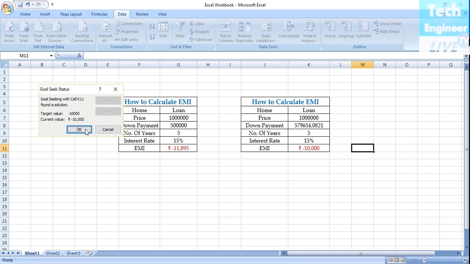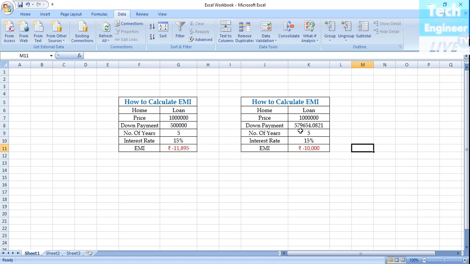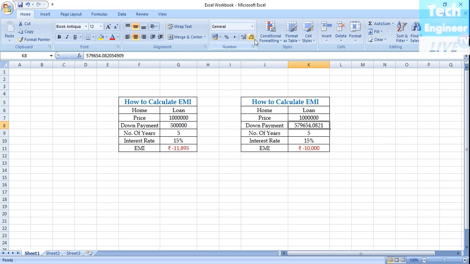This is the down payment I have to pay: 5,79,654 and so on. I am just increasing the decimal. So this is 5,79,654.